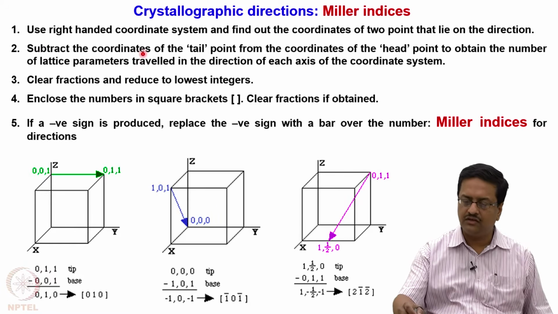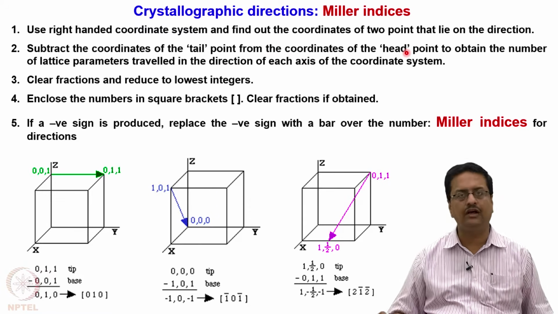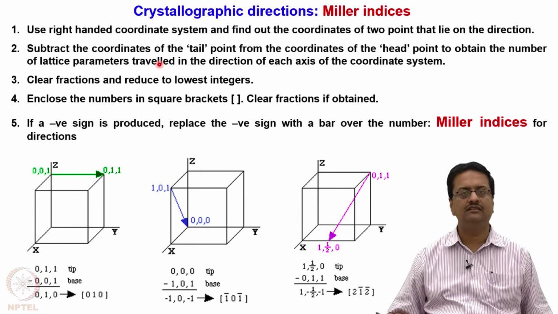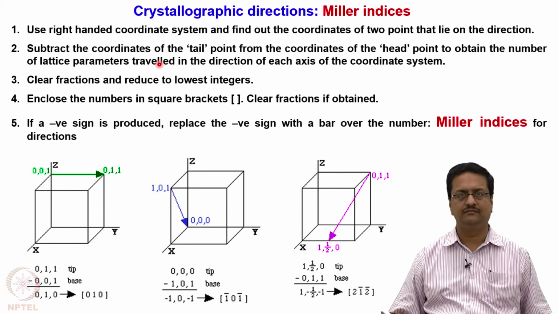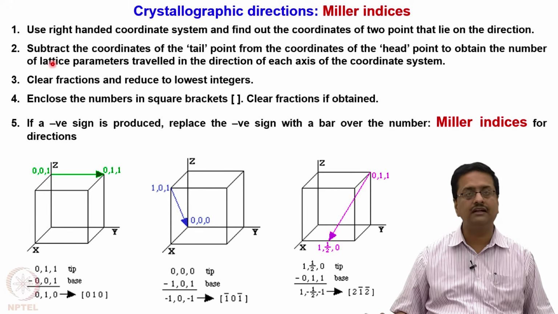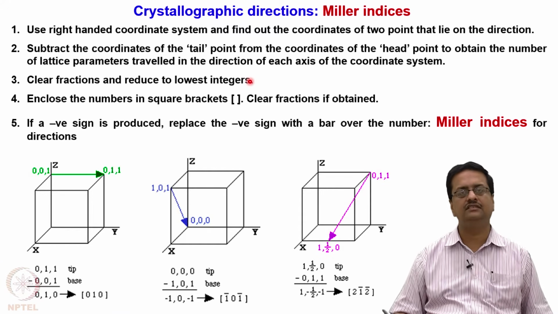Then you subtract the coordinates of the tail point from the coordinates of the head point to obtain the number of lattice parameters travelled in the direction of each axis of the coordinate system. Then after this subtraction, if you end up getting fractions, you clear the fractions and reduce the numbers to the lowest integers.